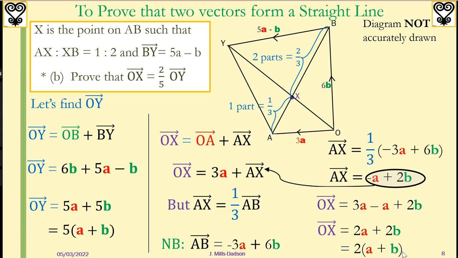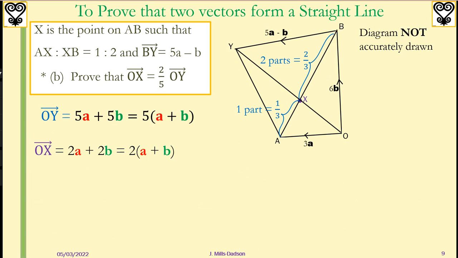So I've got my OX vector, and I've got my OY vector. Now what I need to do is multiply vector OY by 2/5 and see if my answer will confirm the vector OX. So that's what I'm going to do on the next slide.